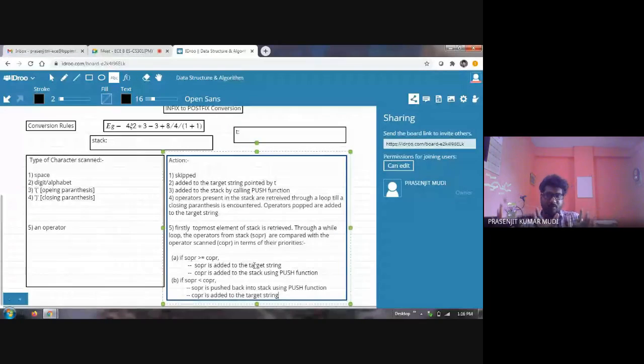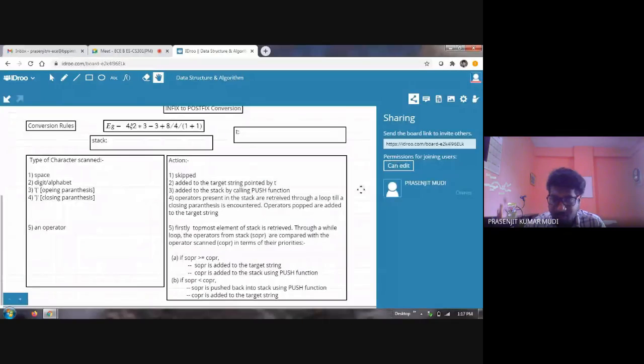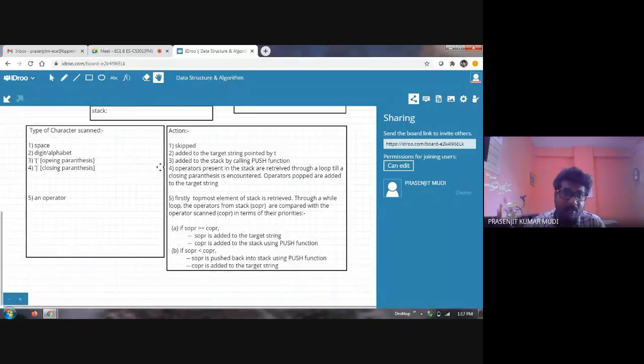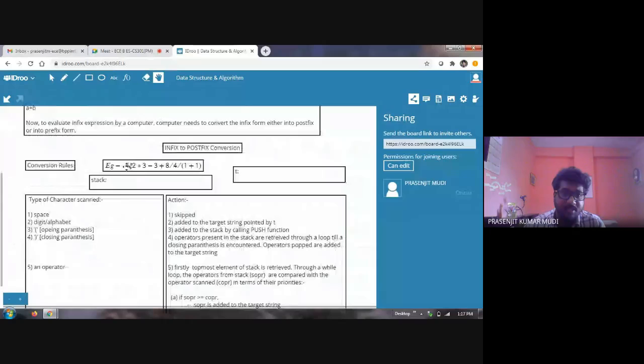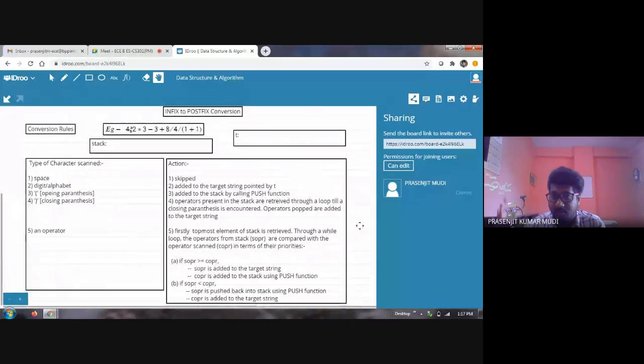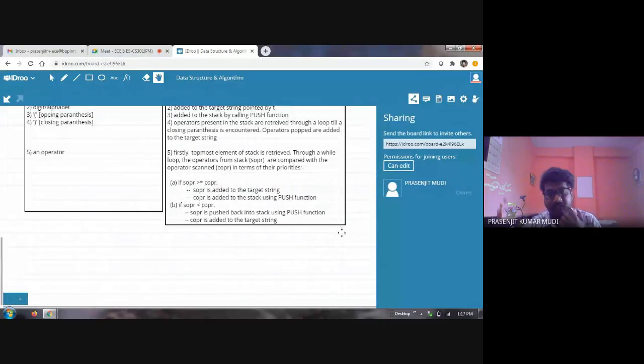So two operators are compared, SOPR and COPR. Whichever is having the lower priority, that will be added to the target string, and the operator with higher priority will simply go to the stack. That is the thing. Okay, so this is the complete set of conversion rules which we shall apply on this example, and we will produce the resultant postfix equivalent expression.